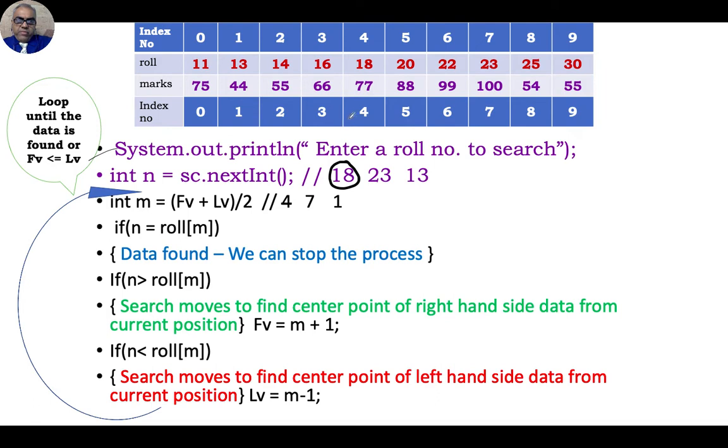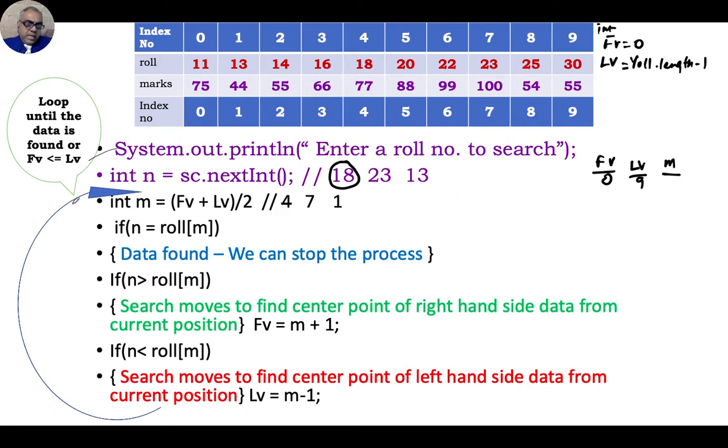Assuming my data input is 18, again we start with my first cell value. If I declare here my FV is integer, of course 0, my LV is row dot length minus 1. So logically my FV is 0, my LV is 9, and my M so far is nothing.